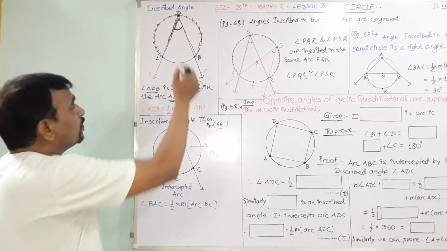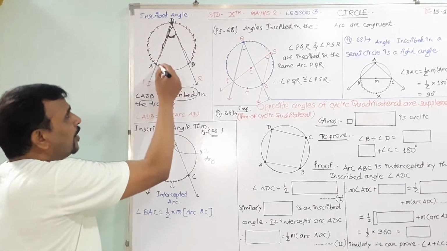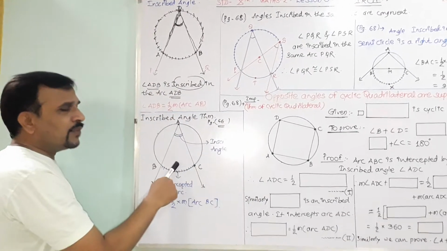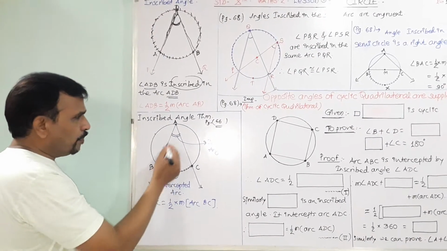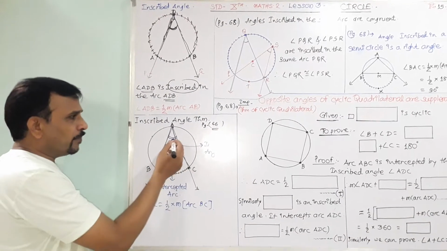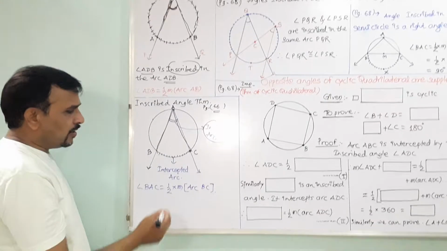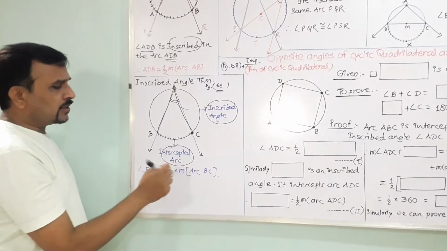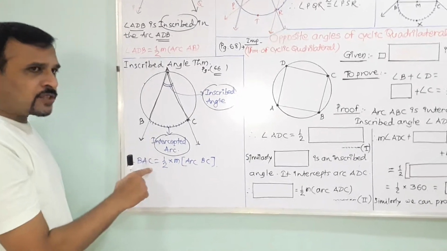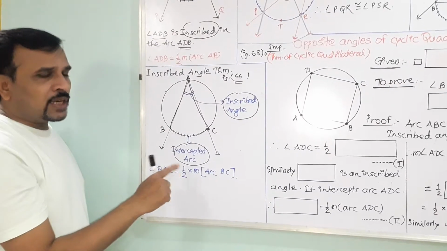And the measure of this inscribed angle is half of its intercepted arc. See the figure. Angle BAC is an inscribed angle, and its measure is half of the intercepted arc. Very useful theorem. In the next video, the proof of this theorem will be given.